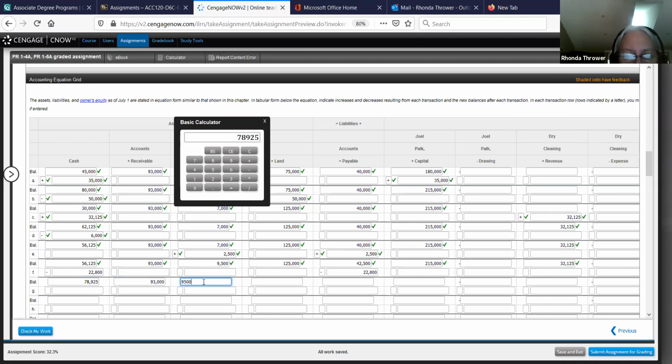We're rebalancing and just bringing down the amounts as they are. And then, okay, I can see that I made an error. Do you see what I did there? We're supposed to subtract this. So let me try this again. Going back to the cash, the balance before this transaction was $56,125.